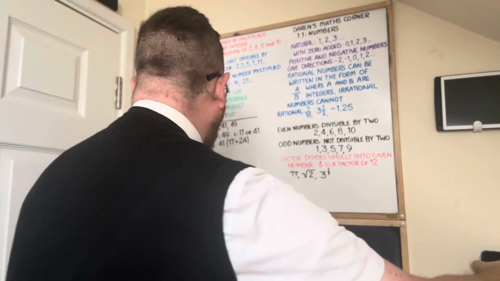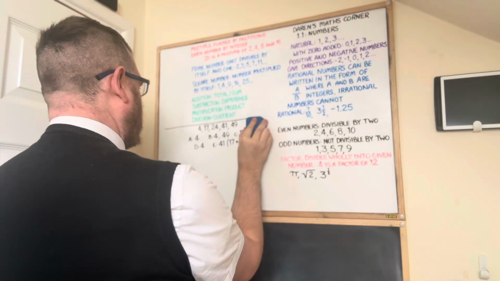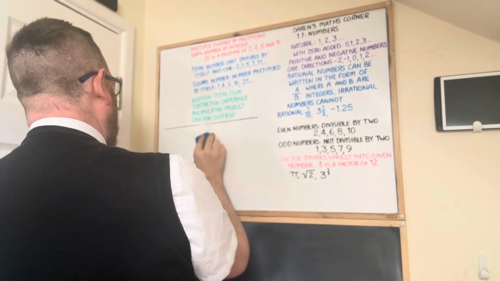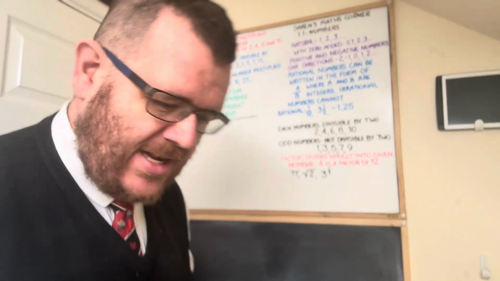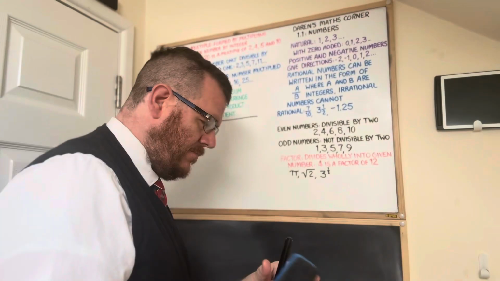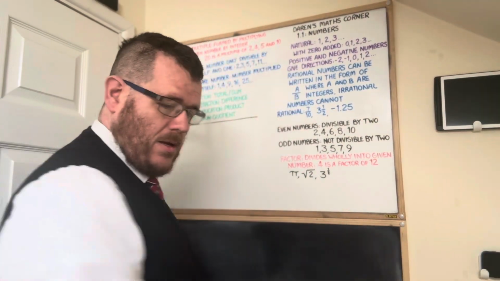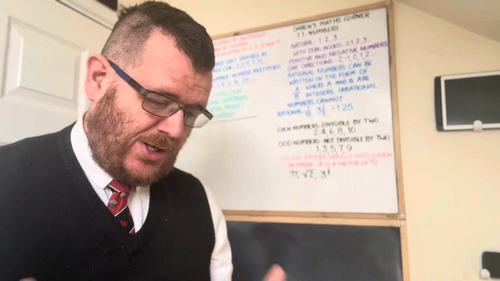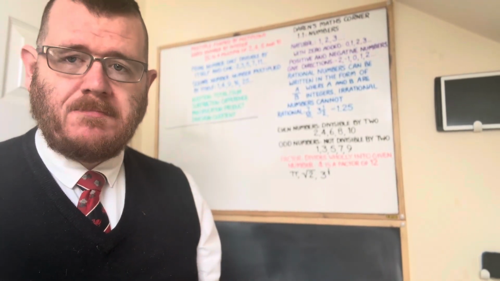The next thing we're going to look at, if I just wipe that off, we're now on to the second question, which is sequences. We have to write down the next two numbers in each sequence.